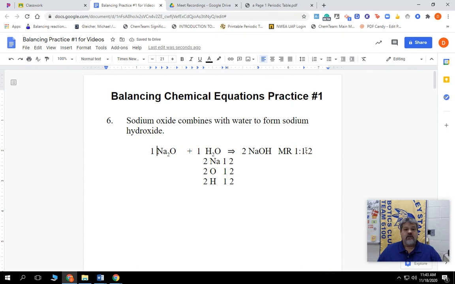So 1 to 1 to 2. I look at it, can I reduce it? No, I can't. So we're good with that. We're just going to make it bold and highlight it. So there's our molar ratio right there. And that is how we go from a word to a skeleton equation to balancing that skeleton equation. Hopefully it helped you out. Nelson out.